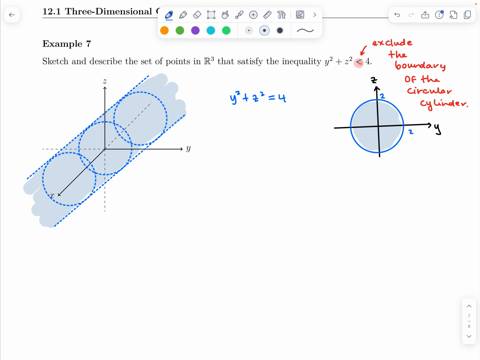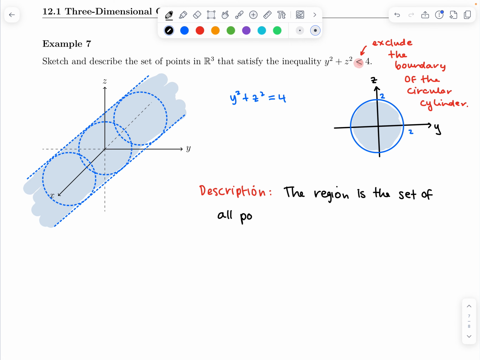Now that is my region, and I just need to write a description of the points that satisfy this inequality. So I'm going to say, description: the region is the set of all points strictly inside, to indicate that I am not including the boundary of this cylinder, strictly inside the circular cylinder.